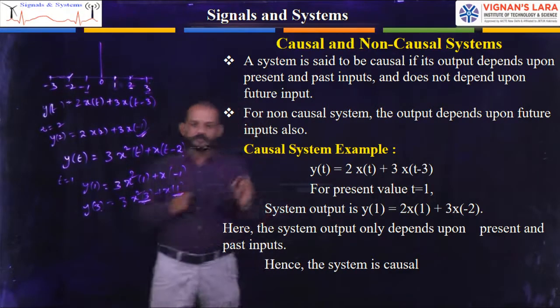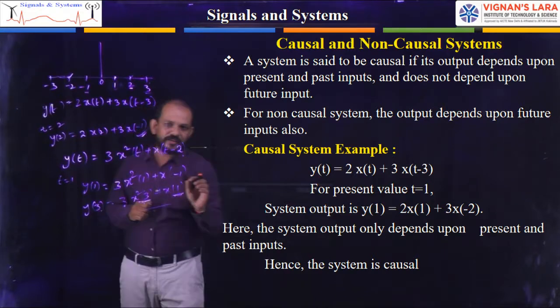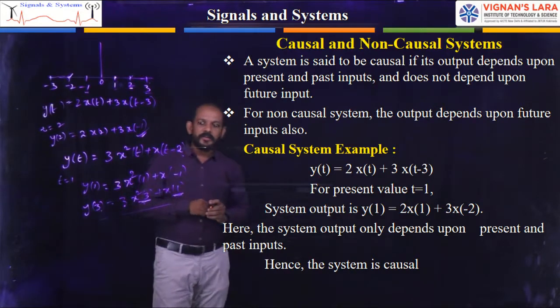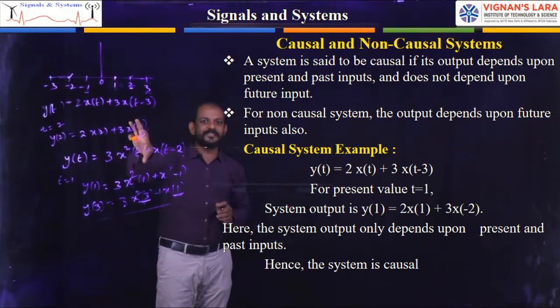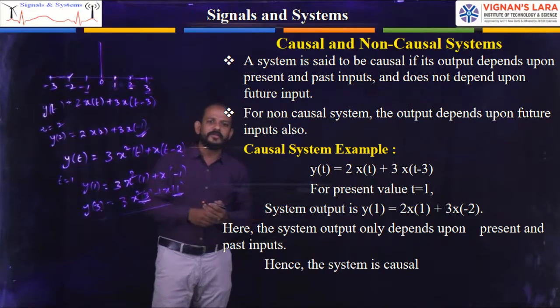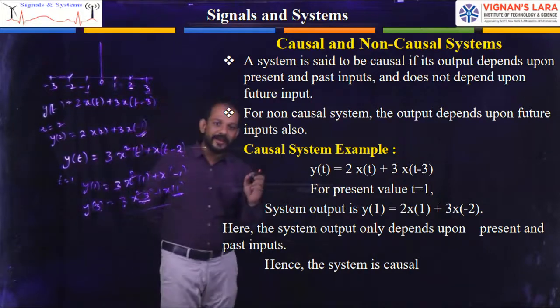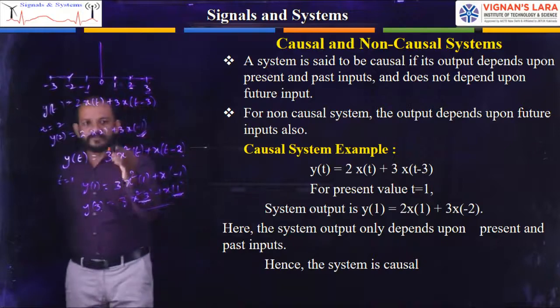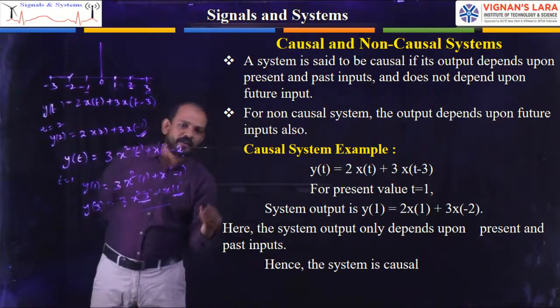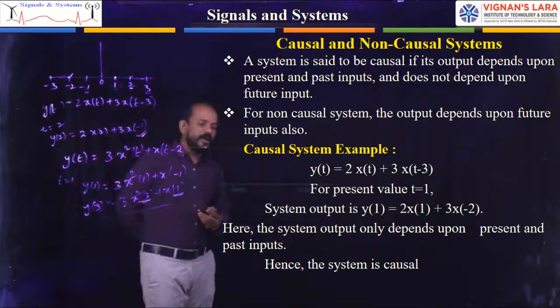Okay, now this is regarding which one? Causal system. Okay, and with respect to continuous time variable, if I want to explain this with respect to discrete time, what will I do? I will just replace the small t with small n. So how can I give the example for a causal system of a discrete variable?